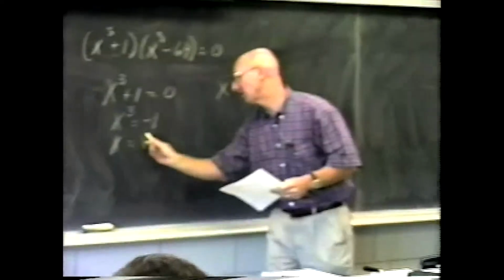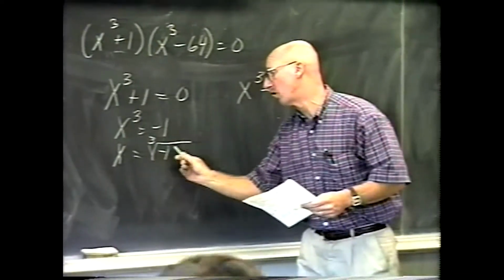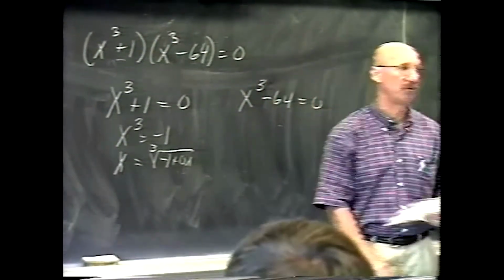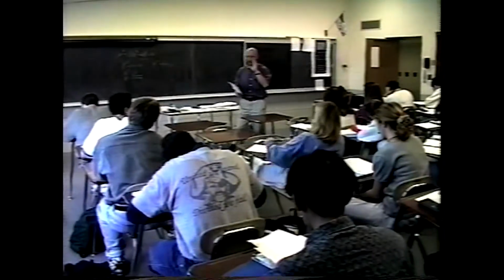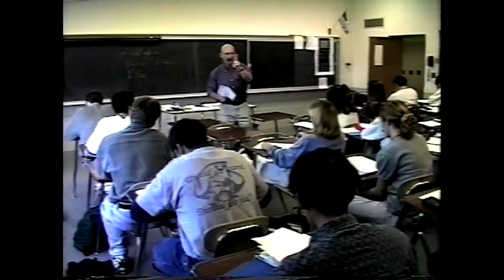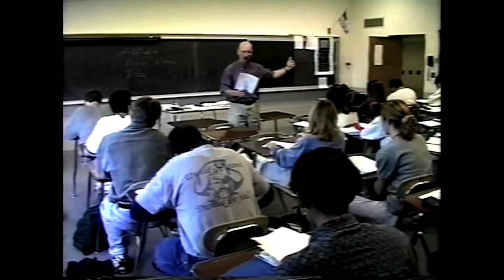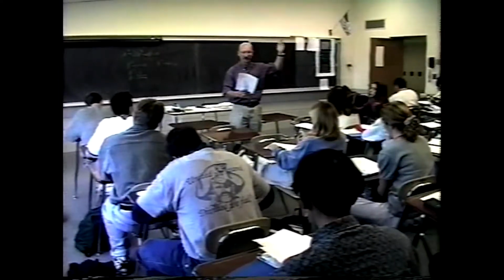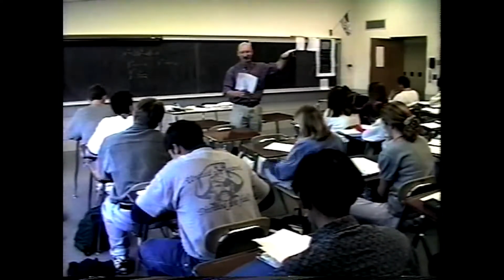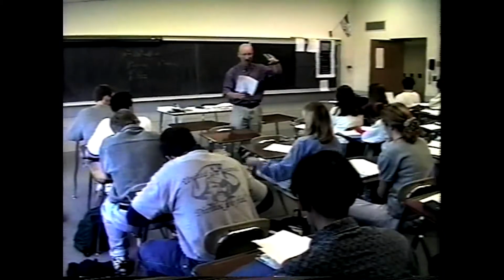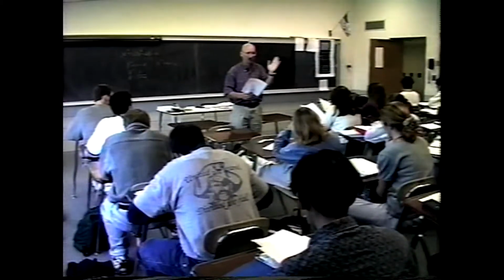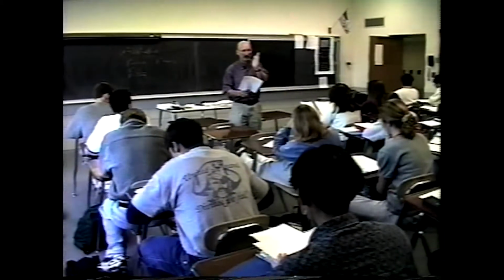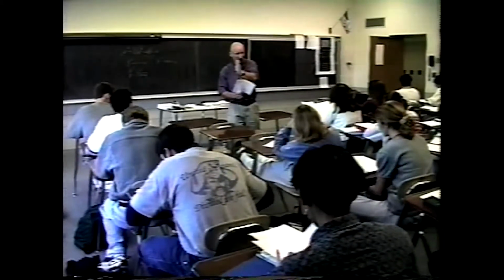X then is the cube root of negative 1 plus 0i. If you multiply that out, you're going to have an x to the 6th term minus 63x to the 3rd minus 64. And there's no way that I can just do a simple solution and get x equals. So you do them separately.